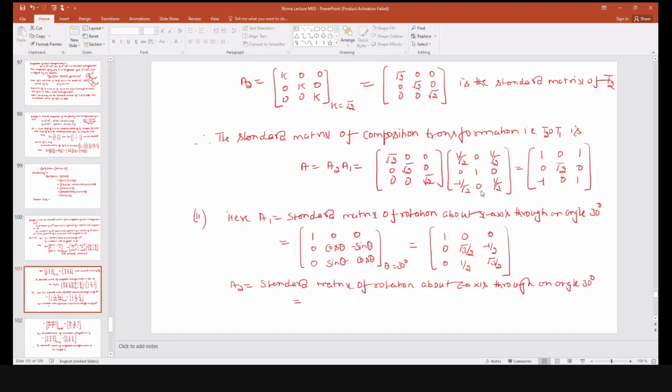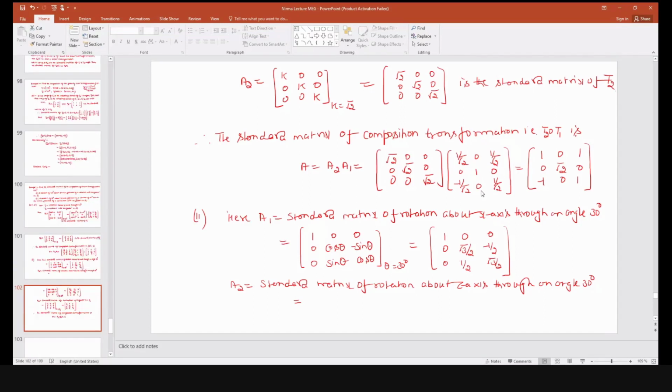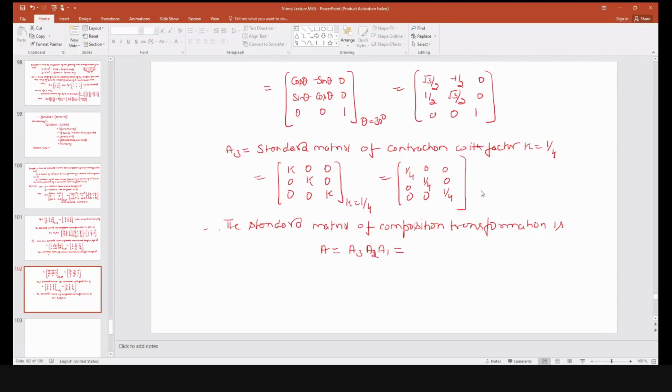Then A2 is the standard matrix of rotation about the z-axis through an angle of 30 degrees. When you rotate the vector about the z-axis, this is your standard matrix: cos theta minus sin theta 0, sin theta cos theta 0, 0 0 1. Now theta is given as 30 degrees, so you will get this matrix.